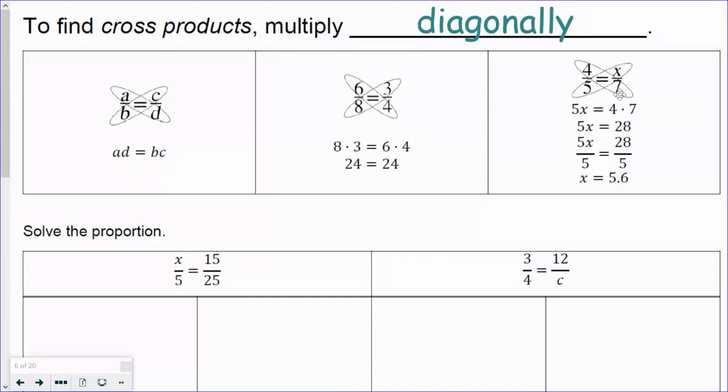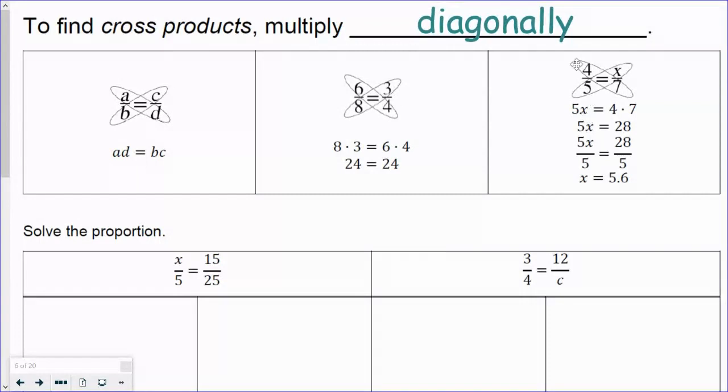But there are going to be times where we're going to have an unknown value. So there's a variable sitting there that we have to find. Take it and multiply it with the diagonal, so it gives us 5x. And remember, you always put your coefficient first with the variable. It's not x5, it is 5x.